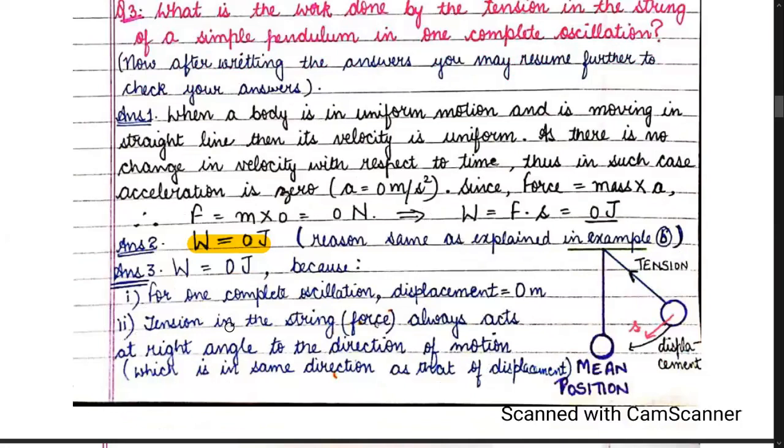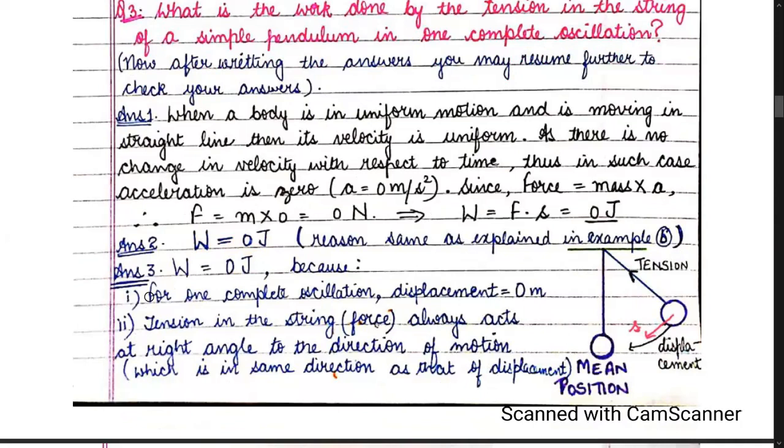We can write down the reason. There can be two reasons here, because it is one complete oscillation and after an oscillation it must have stopped. So we'll say that work done is 0 joules in this case. Why? Children, you have to write both the cases. Both the reasons have to be written.